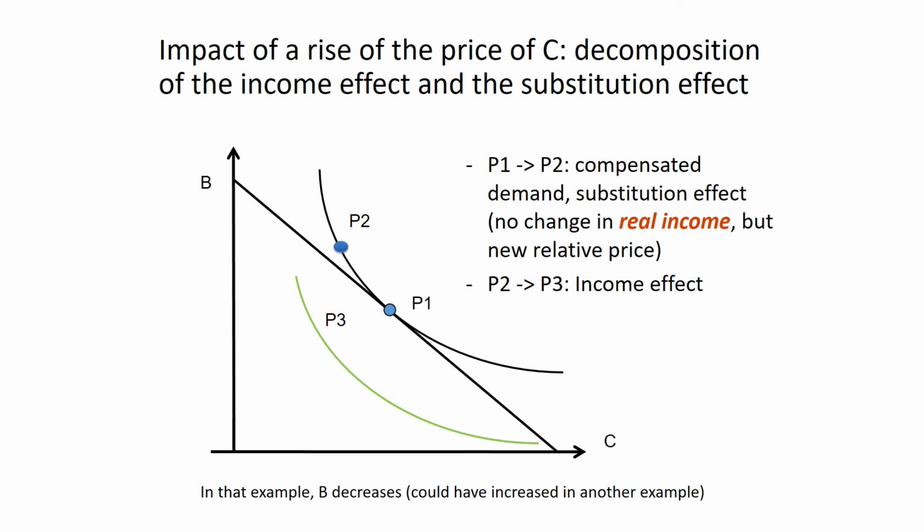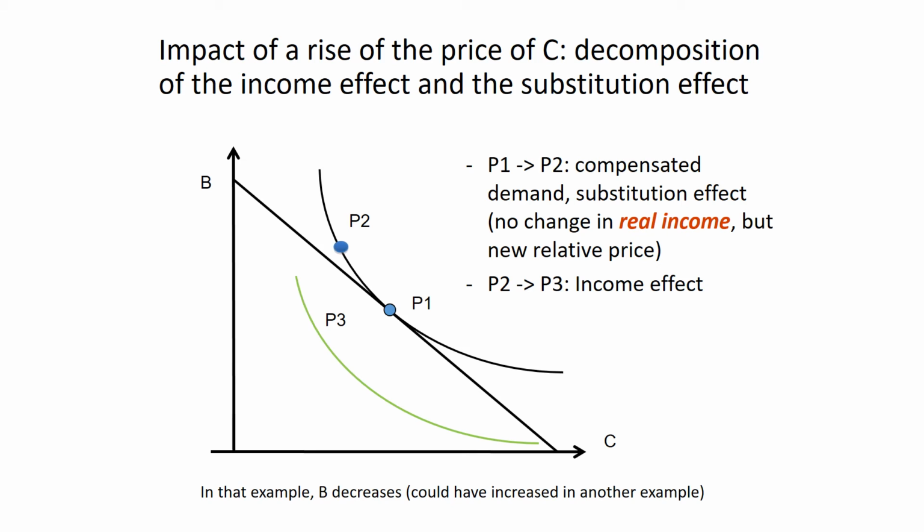On this graph, we're going to start off from the initial point P1, and that's the original consumption point. Moving from P1 to P2 shows the compensated demand. So that's the substitution effect. We're not looking at the change in real income. We're now looking at the change in the new relative price.